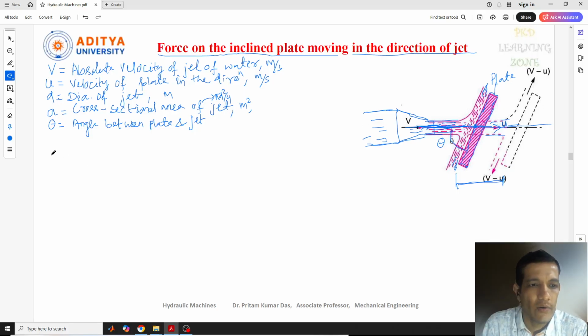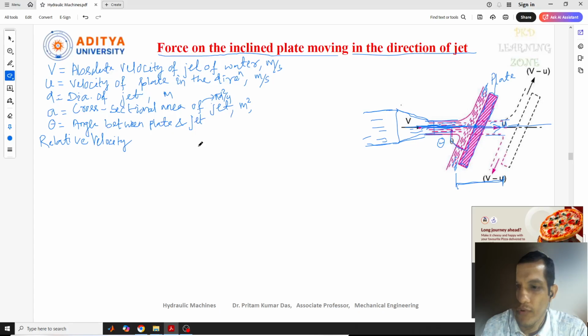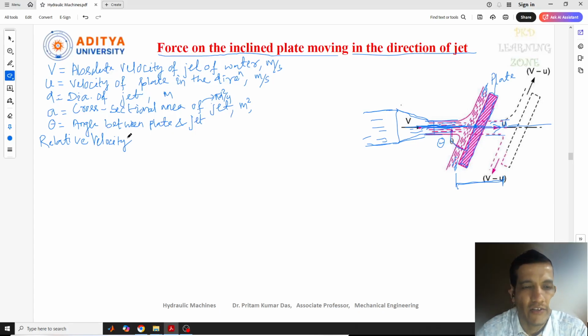Now we need to find out the relative velocity of the jet of water. So how to find out this relative velocity of the jet of water?